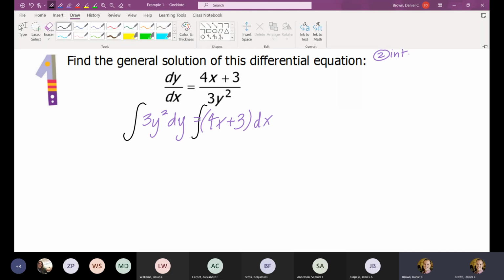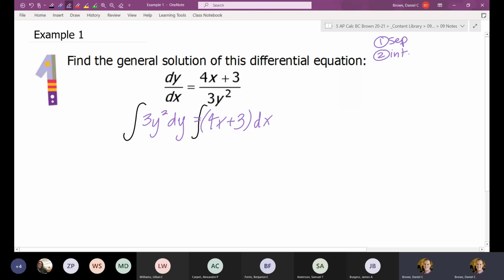So the integral of 3y squared is just y cubed plus a constant. The integral of 4x plus 3 will be 2x squared plus 3x plus a constant. I don't want to use c again, so I'm going to call this first one c1 and that second one c2. So that is what you would get if you integrate it.